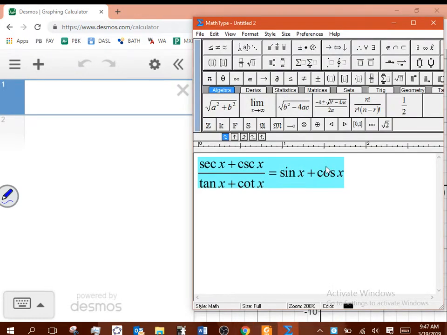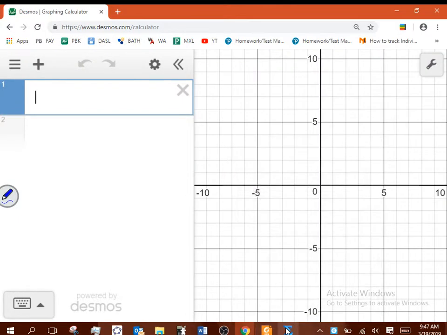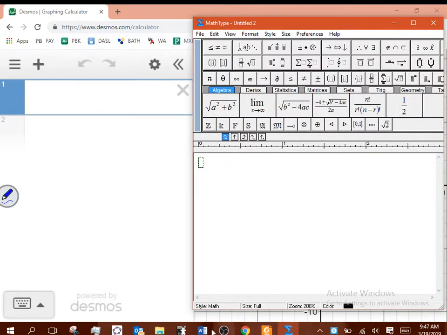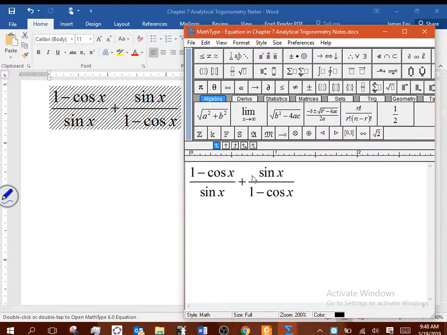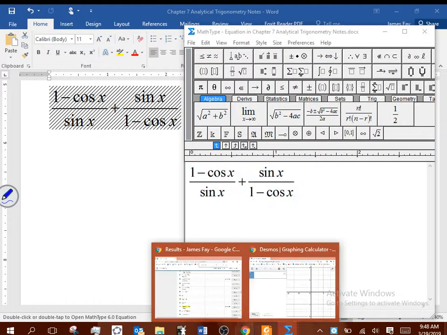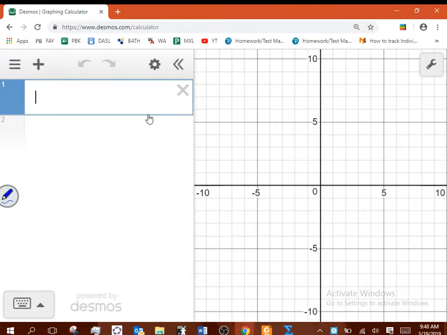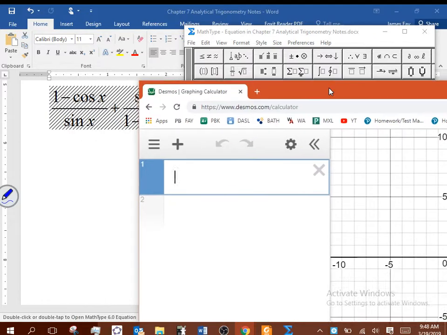I wonder if Desmos does this. Well, all right. Thought I could cut and paste it.